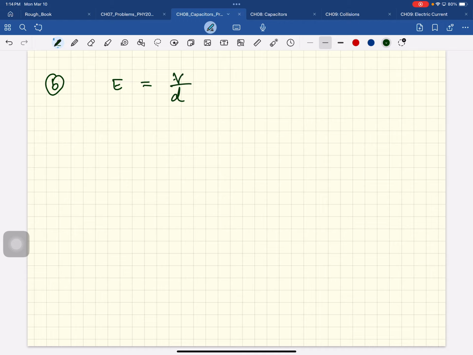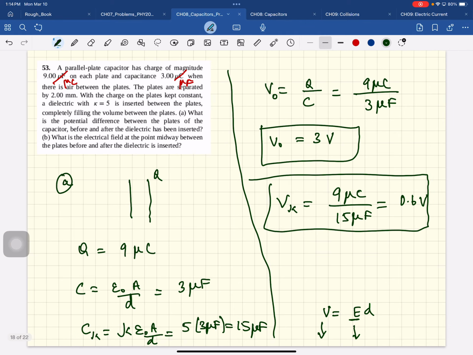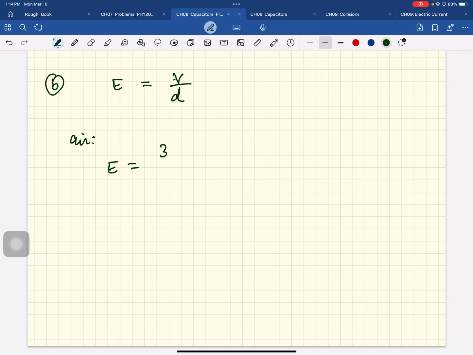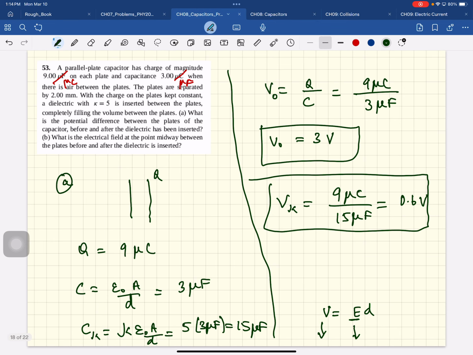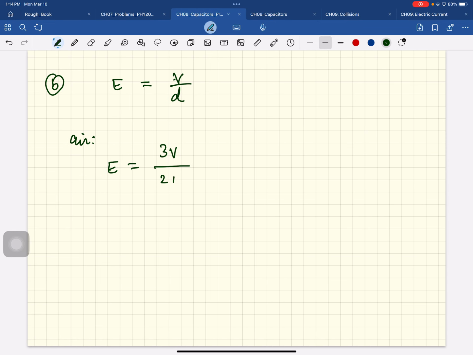With air present, the voltage was 3 volts, and d, the distance between them, was 2 millimeters. Milli is 10 to the minus 3, so this was 1.5 times 10 to the power 3 volts per meter.